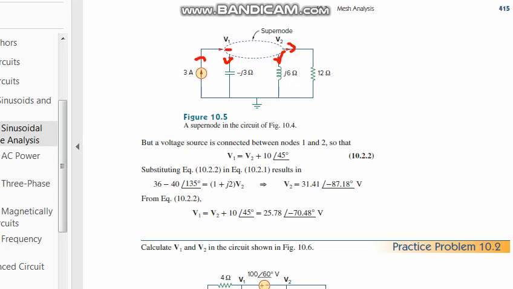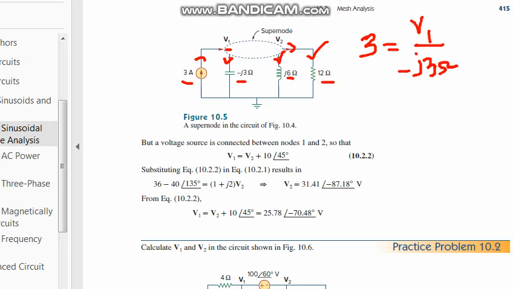To make a supernode, as we know, a node divides its current; there may be incoming and outgoing currents. So there are 3 outgoing currents in that section and one incoming current. At the supernode, at node 1, we can easily write that the incoming current is 3 amperes, and the outgoing currents will be this and that. So 3 amperes is equal to V1 divided by minus j3 ohms.